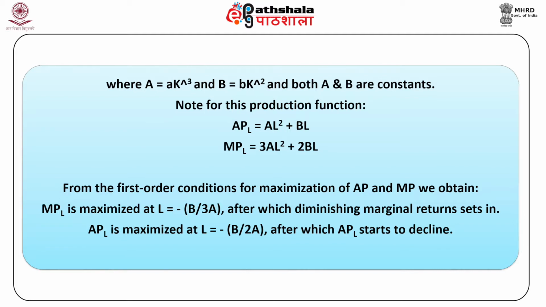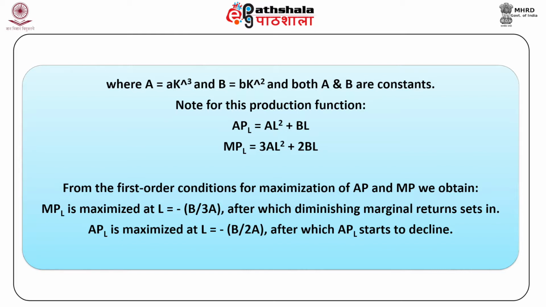Here capital A = a·K hat³, and capital B = b·K hat², and both capital A and capital B are constants.